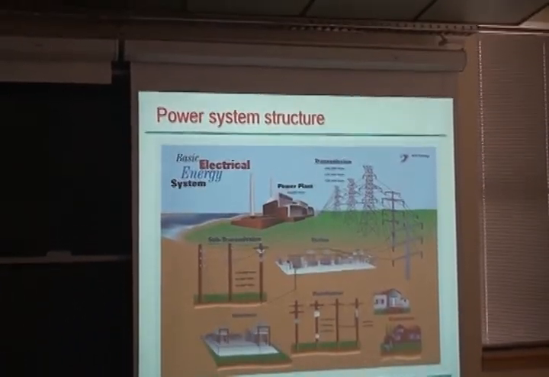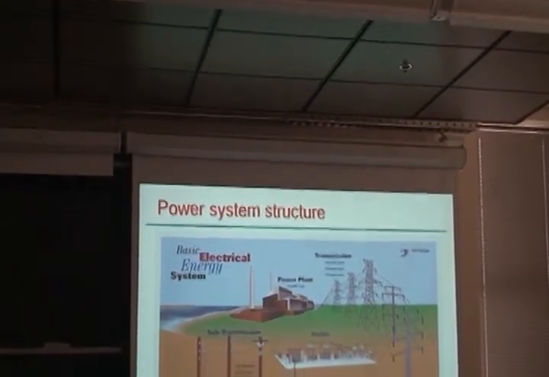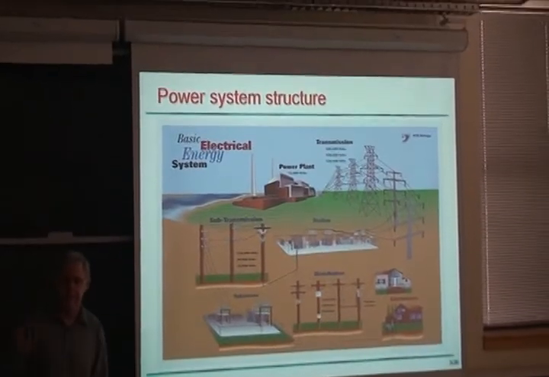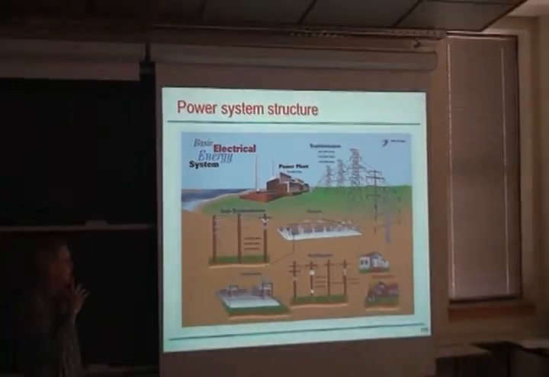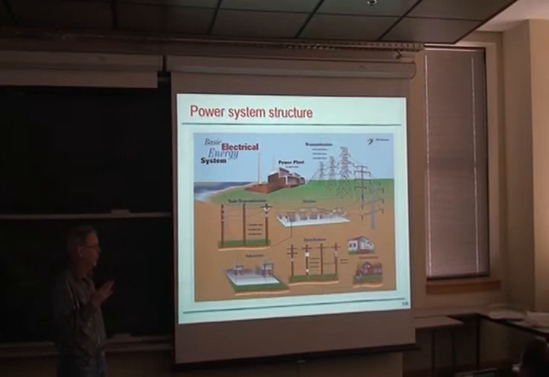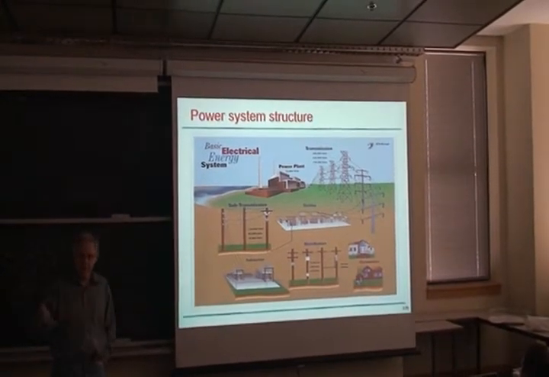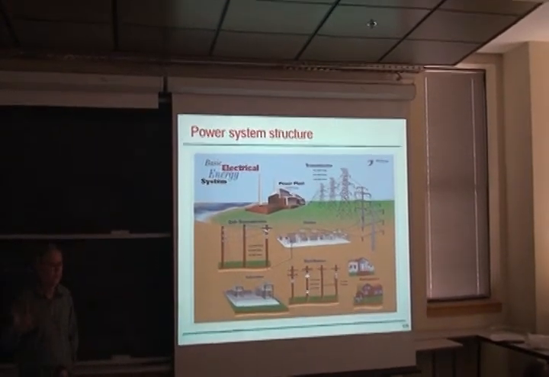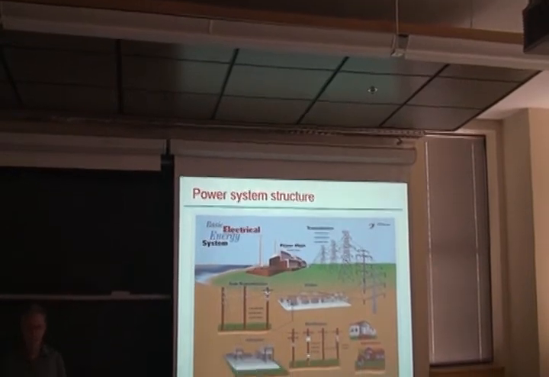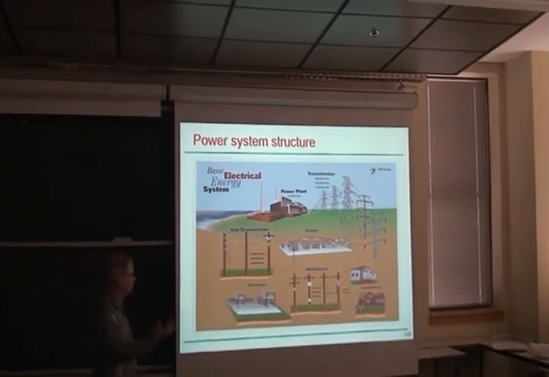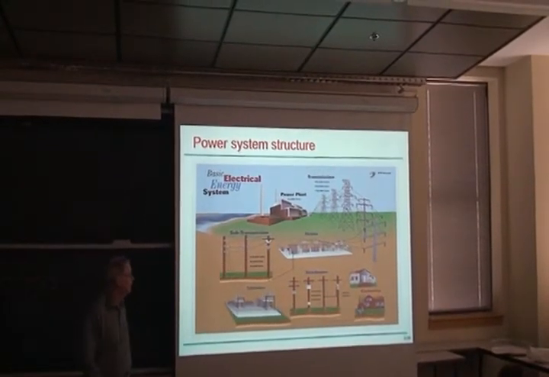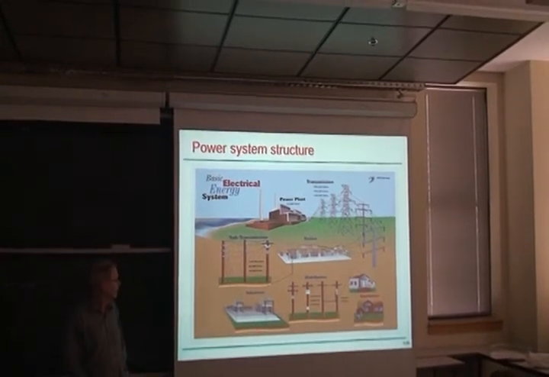So all of that makes up electricity supply, and it all has to work together, otherwise one will either be creating overloads which need to be dealt with, or be underutilizing plant, and that's expensive. So there's a lot of design that goes into making these things all work together.